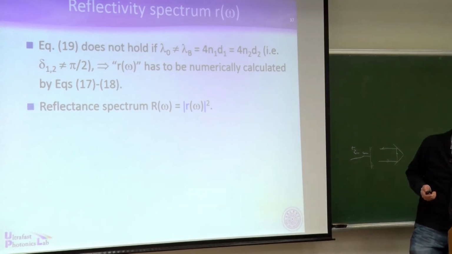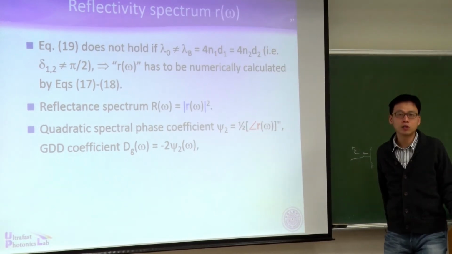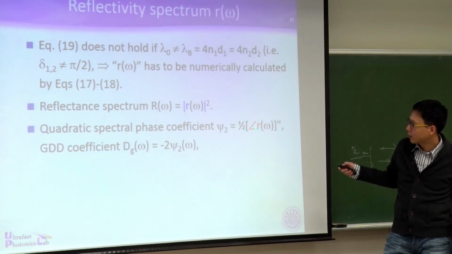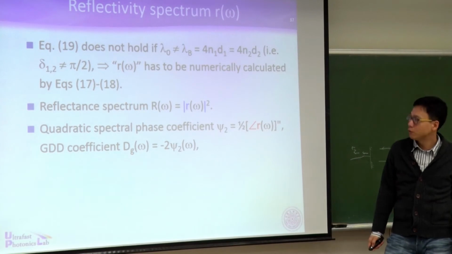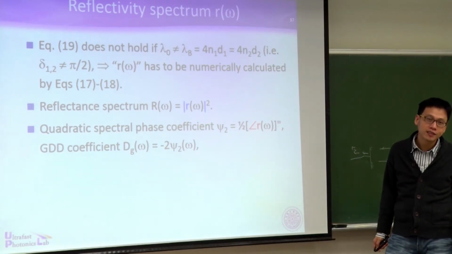Okay. But if you look at the phase of your reflectivity spectrum, and take a second order derivative with a factor of 1/2, you actually have the quadratic spectral phase coefficient.